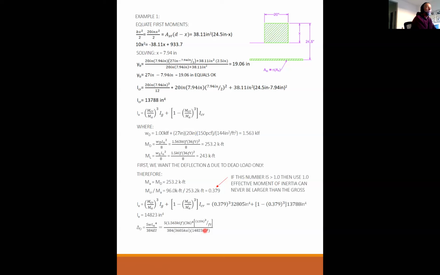So the easiest way to fix that is just put 12 to the 3rd, which is 1728 or something like that, times this to make all your units come out. And we get 1.105 inches for our dead load deflection.